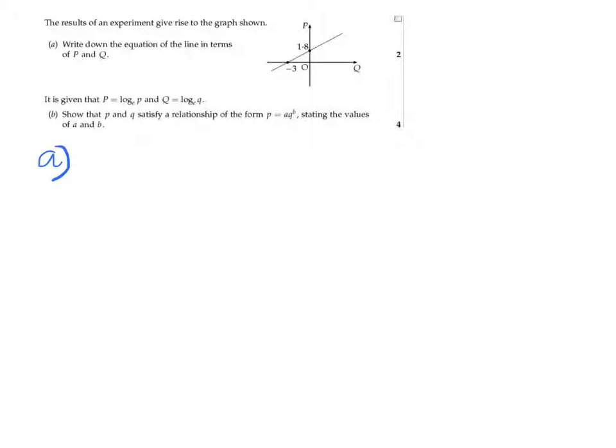This is a straight line. There's no trick here. The y-intercept is 1.8. I can calculate the gradient using the 2 points. This point here is 0, 1.8, and this point here is negative 3, 0.